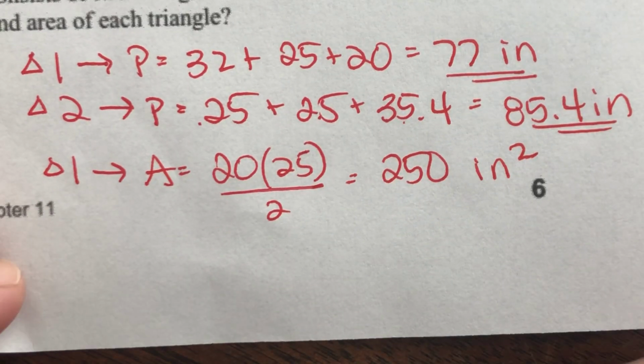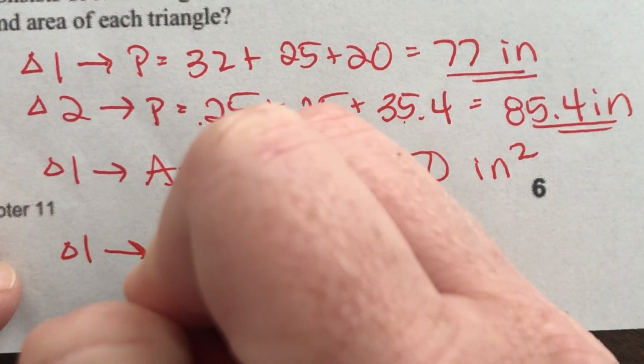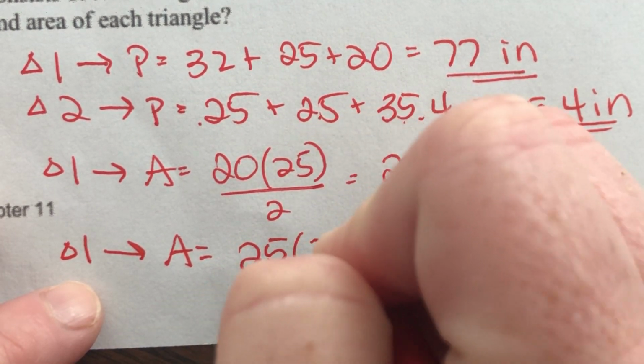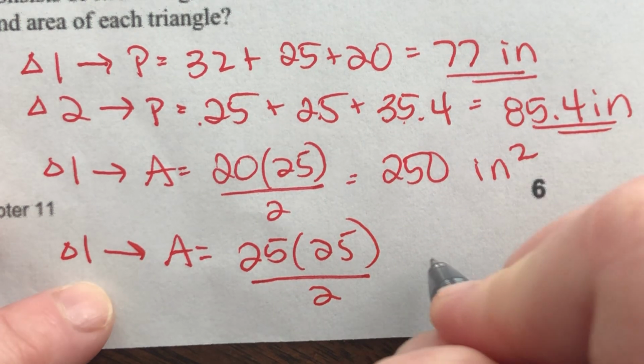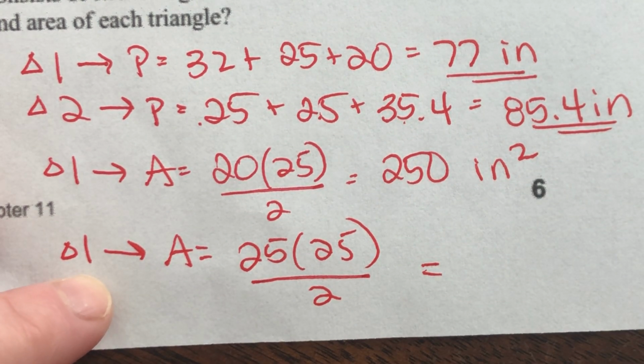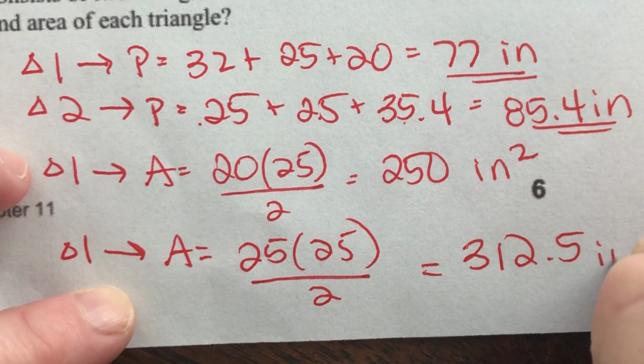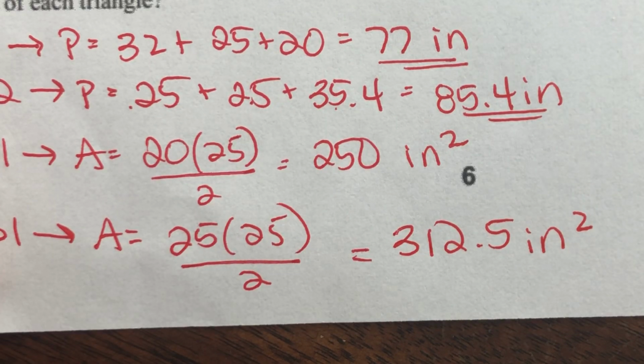And then for triangle 2, area equals 25 times 25 divided by 2. 25 squared is 625, 312.5. And that's in square inches.